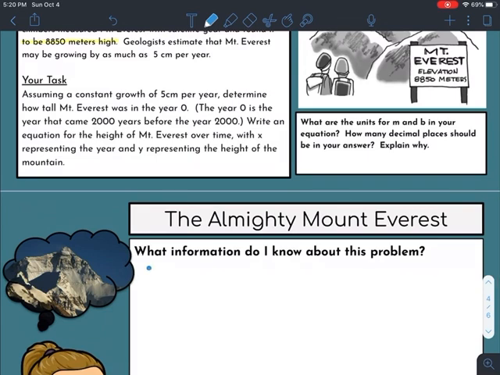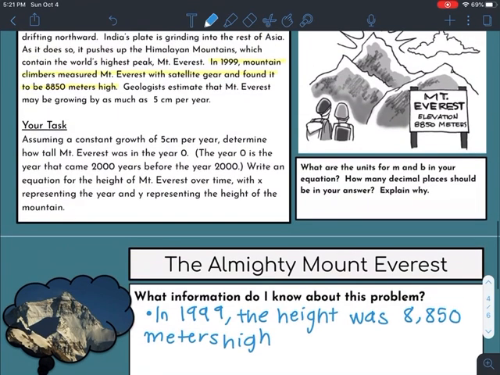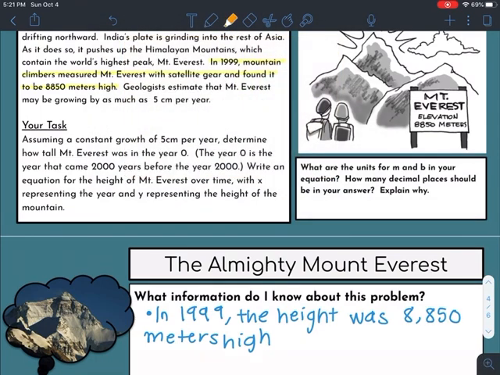So I know that in 1999, the height was 8,850 meters high. We also know that geologists estimate Mount Everest to be growing as much as 5 centimeters per year.